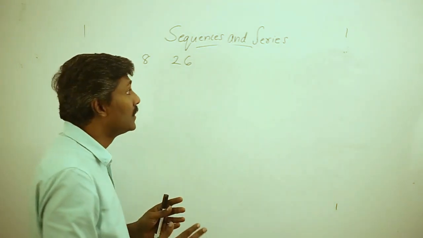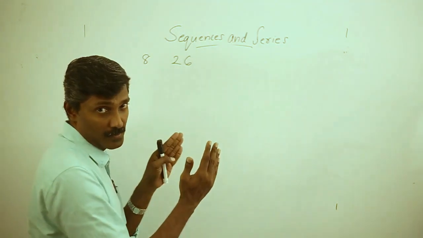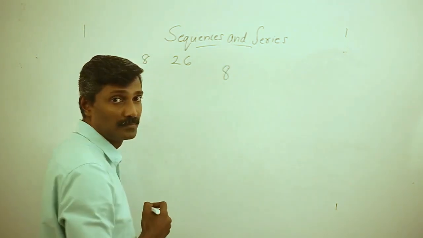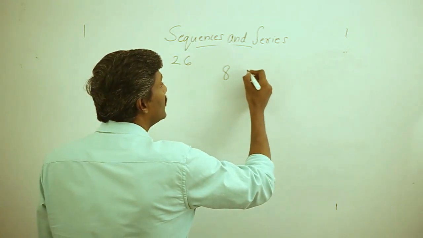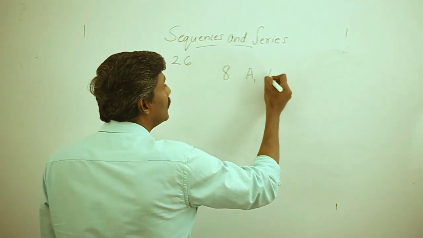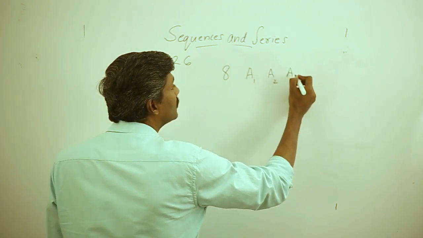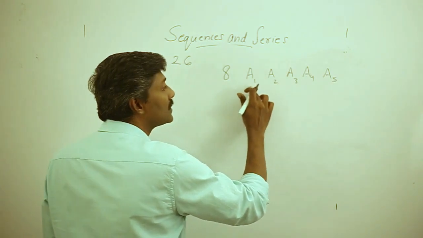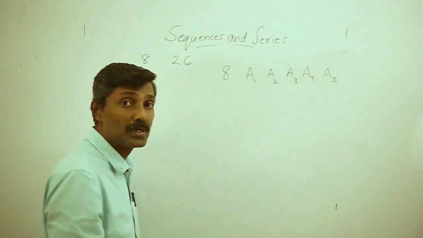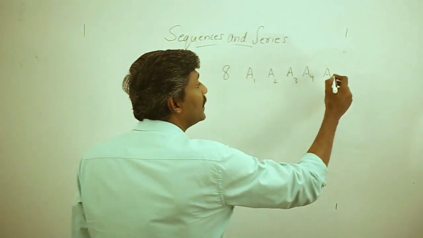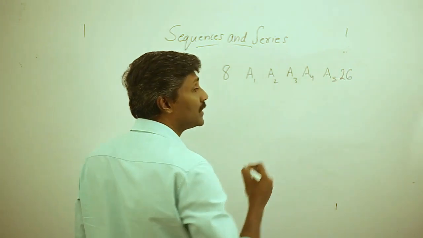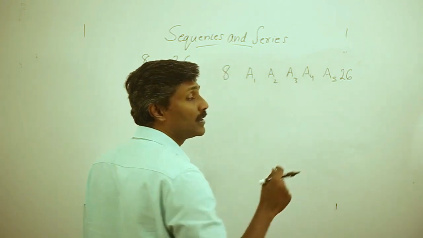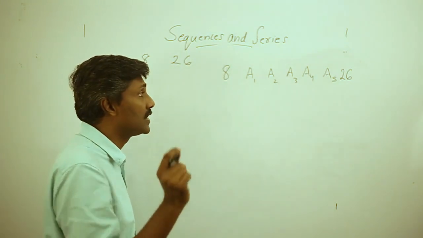Let the sequence be 8, then A1, A2, A3, A4, A5, and then 26. These are the 5 numbers that we need to insert, and the sequence has to be an arithmetic sequence.